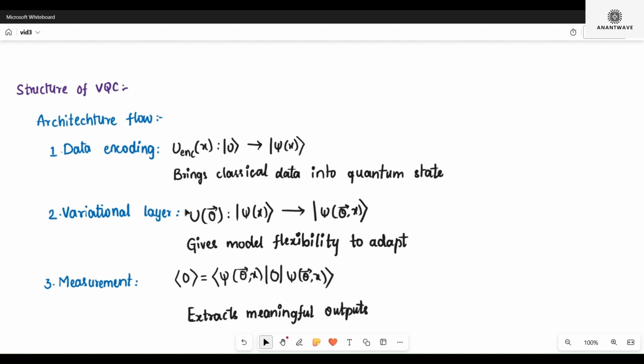We'll have a parameterized circuit with parameter theta. We apply this on the quantum state to make a modified quantum state, which gives the model flexibility to adapt. And then measurement. From here, we measure the output, extract meaningful outputs, and thereby calculate the cost. To minimize the cost, we'll update the weights accordingly.